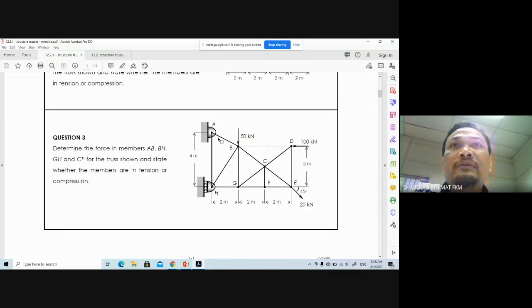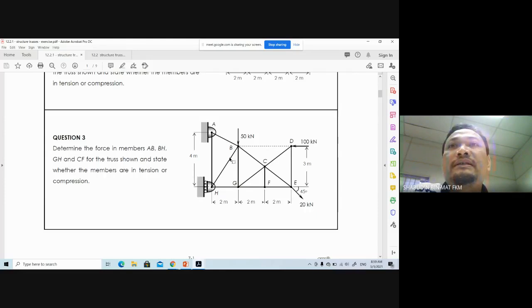AB, BH, ABH, GH, carry that here, and CF. This is interesting to do.